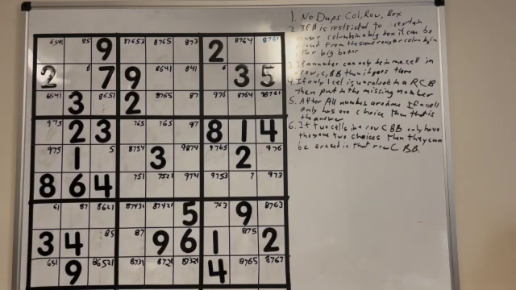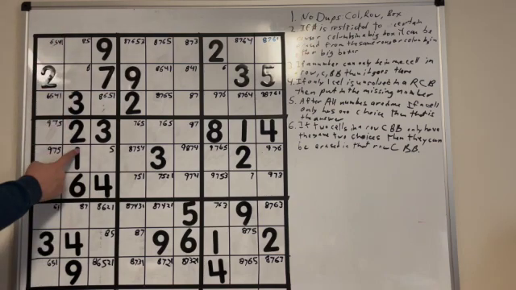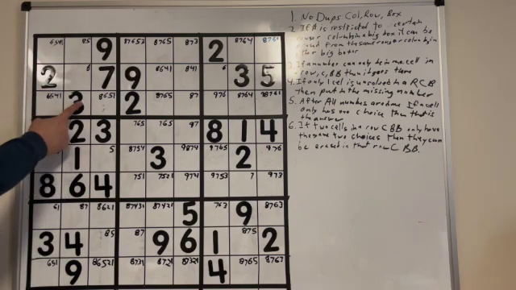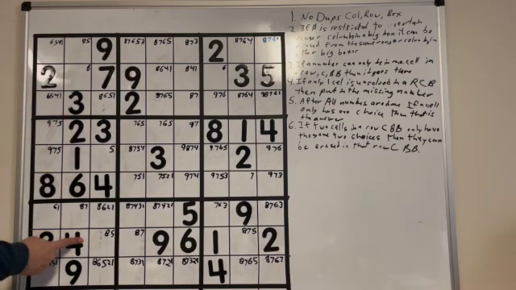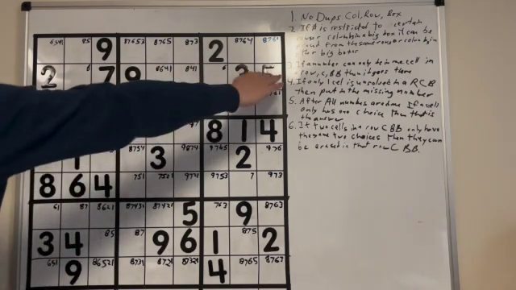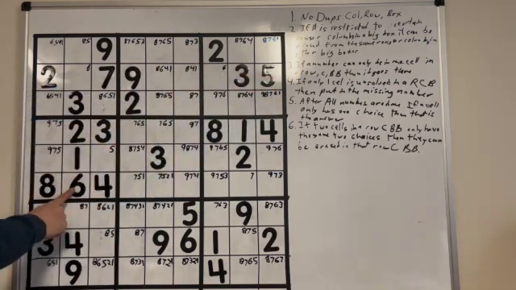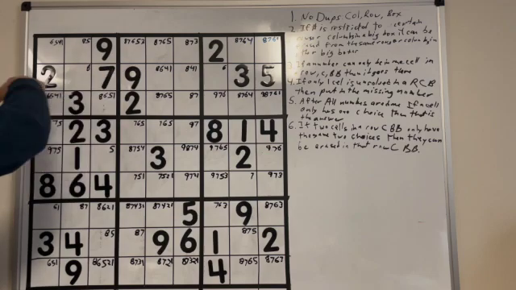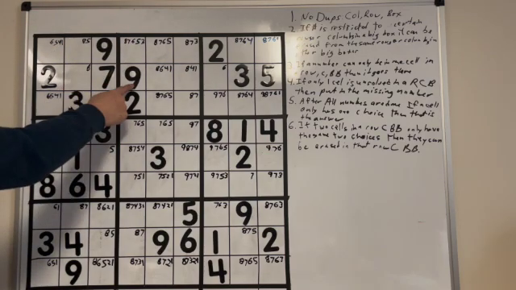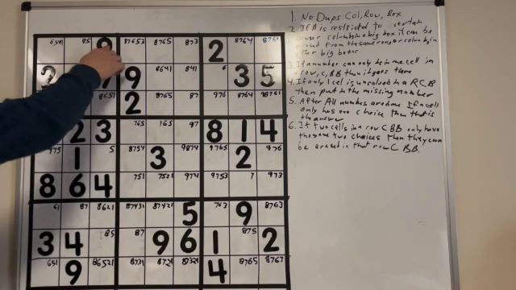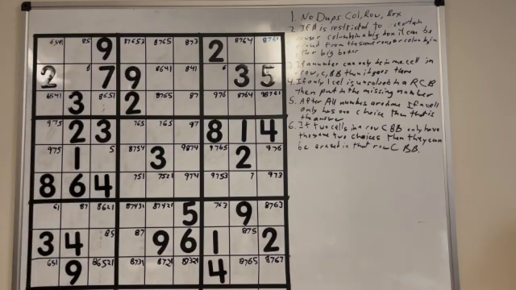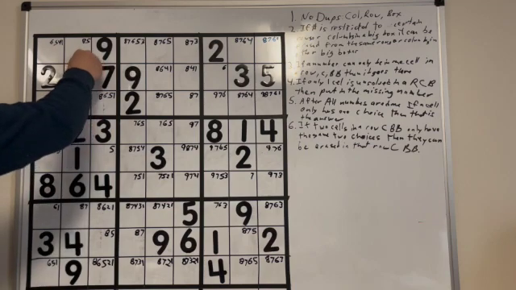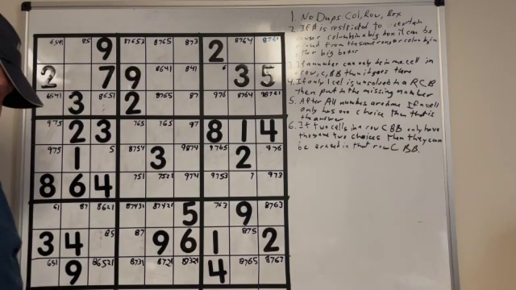And you can always double check this just by counting. It can't be 1, because we've already got a 1 in the column. It can't be 2, 3, 4, or 5, because we already have it in the row. Can't be 6, can't be 7, because it's already in the row and big box. Can be 8, can't be 9, because it's already in the row and the big box. This is 8. So I'm going to erase this, and I'm going to put an 8 there.